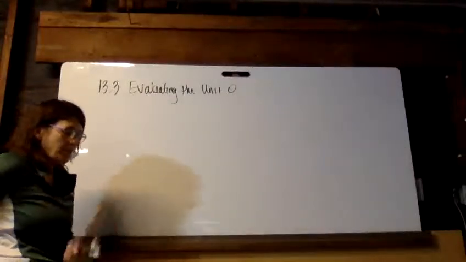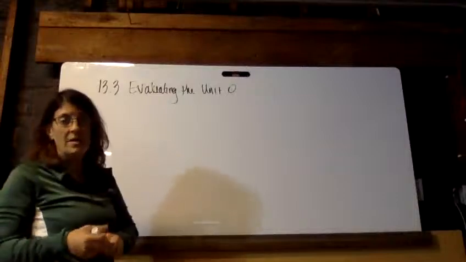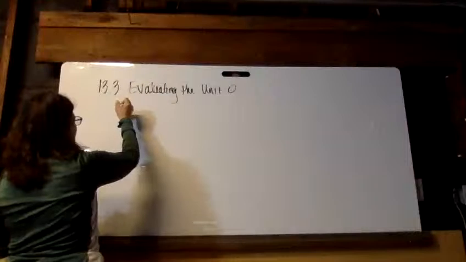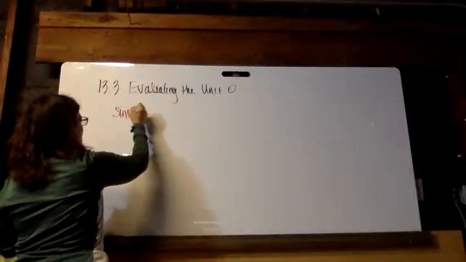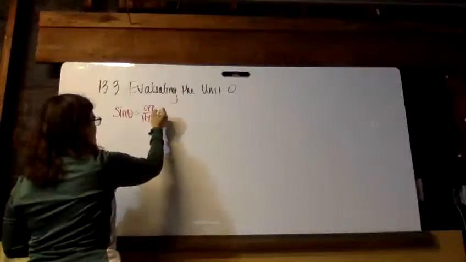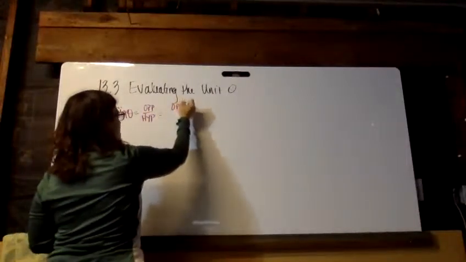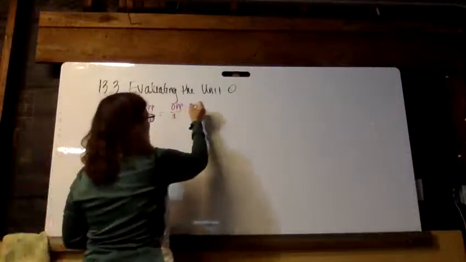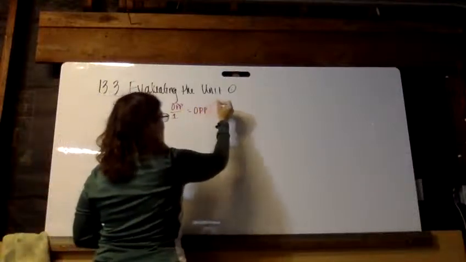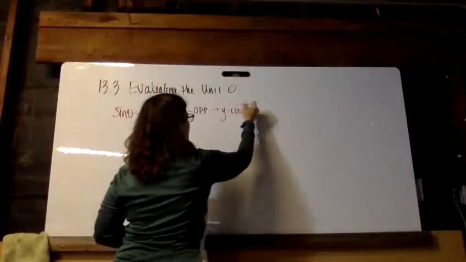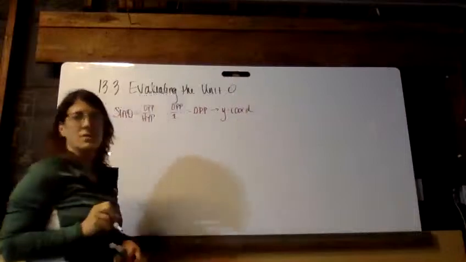If I ask you, first let's figure out where sine and cosine are on the unit circle. So you have that the sine is opposite over hypotenuse, but on the unit circle, the hypotenuse is always 1, which leaves you with the opposite side, which is the y coordinate on the unit circle.